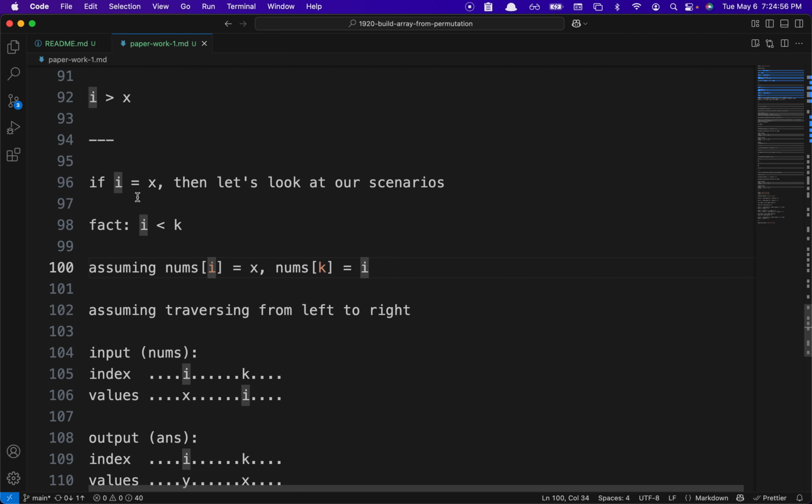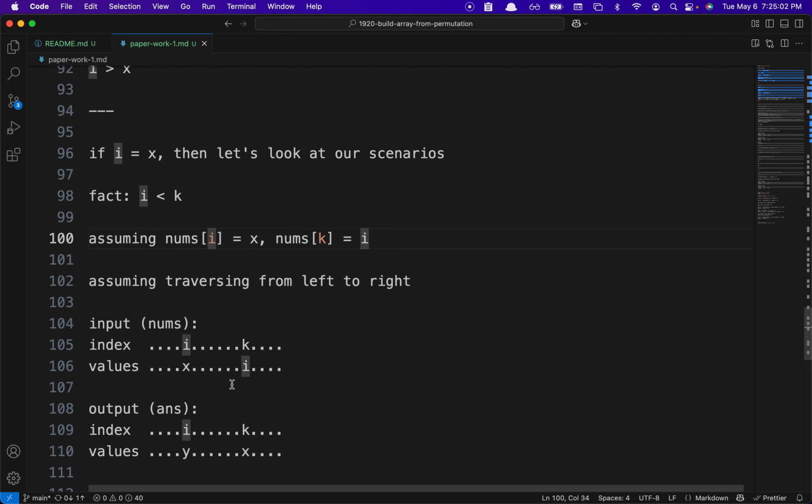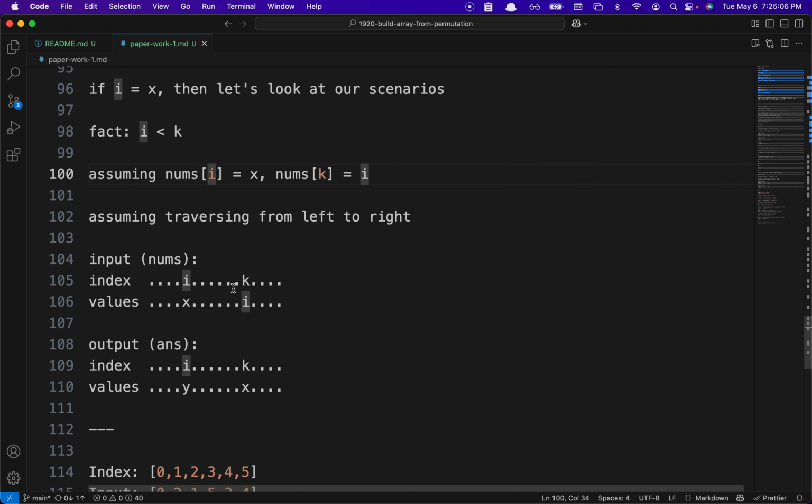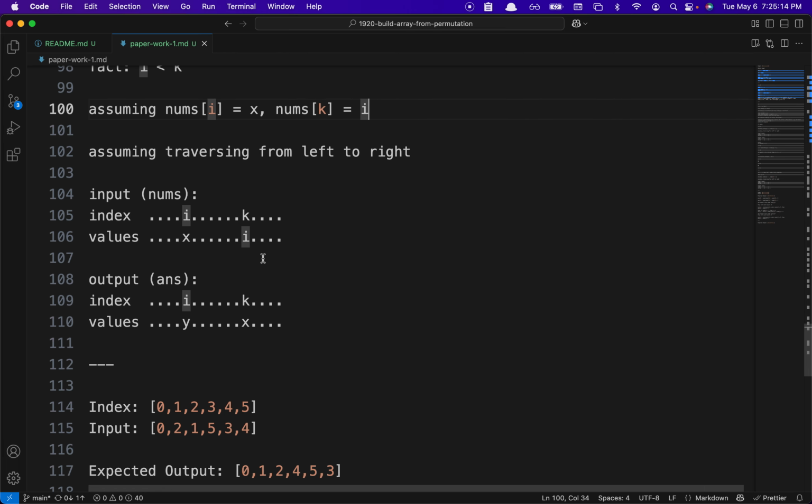So I is equal to X, so nums of I is X, nums of K is I, and when you do answer of I, I mean, nums of I is X, then nums of X is Y, right?